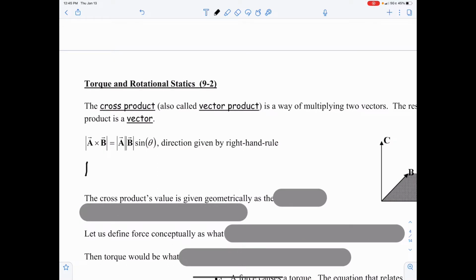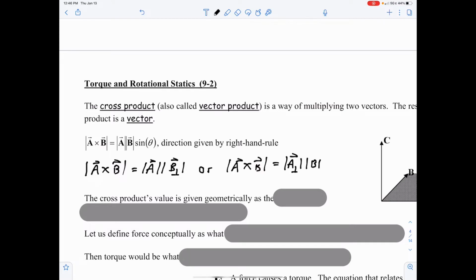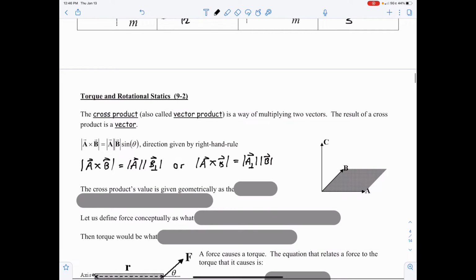The magnitude of A cross B can also be written as the magnitude of vector A times the magnitude of the perpendicular component of B. Or the magnitude of A cross B would be the magnitude of the perpendicular component of A times the magnitude of B. And that's kind of what we have here.